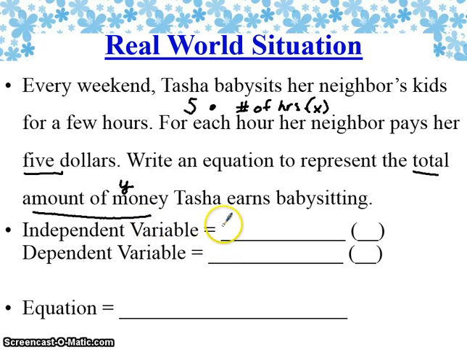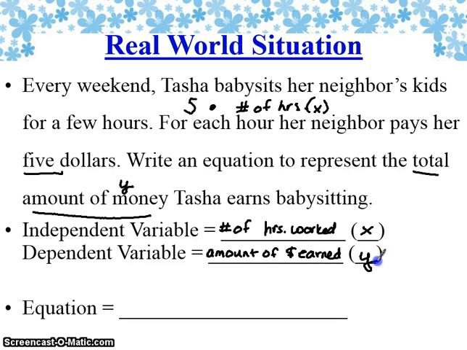Our independent variable is the number of hours worked, which we know is the X value. The dependent variable is the amount of money earned, which we know is the Y value.